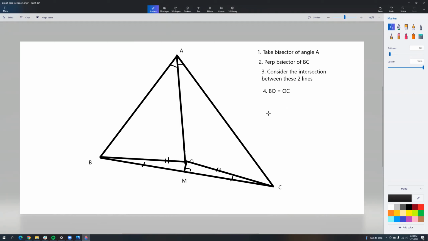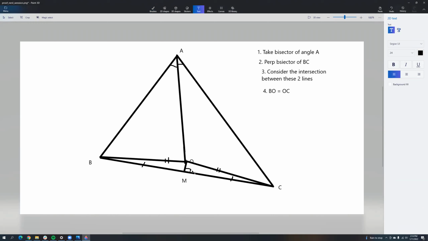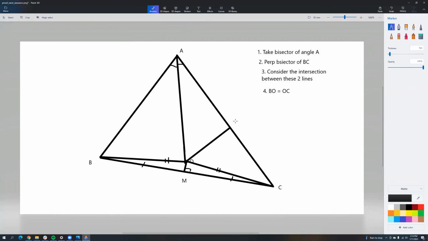We just have to draw one more thing. From this point O, we need to take the perpendicular to the other sides, AB and AC. And it's just the perpendicular, not the perpendicular bisector. So from this point O, I'm gonna draw the perpendicular to AC. Kind of like this, I guess it's 90 degrees, right? Let's mark it as 90 degrees.